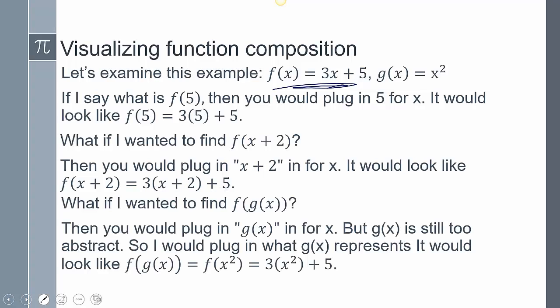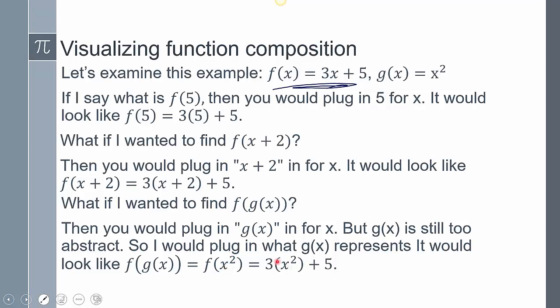Now, what if I wanted f of g of x? You would plug in g of x for x. This g of x here, you consider that an input. So whatever g of x is, that's what you're plugging in for x. So f of g of x is the same as f of x squared, because g of x, we said, equaled x squared.